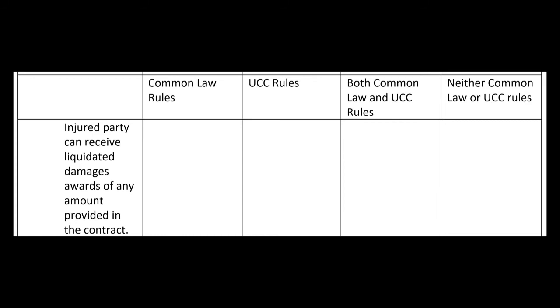Liquidated damages is a good idea to have in a contract to agree in advance what the damages are going to be if one of the parties breaches the contract. It saves you from having to argue about how much you lost because of the other party's breach if you agree in advance as to what the damages would be. And that's the good news about liquidated damages. It's a smart idea to have it in the contract.